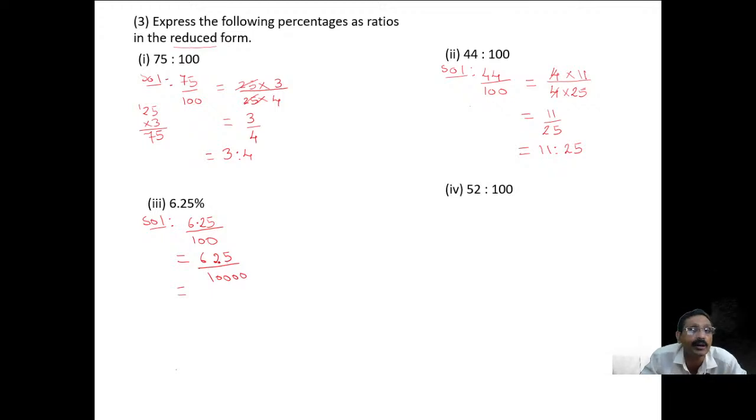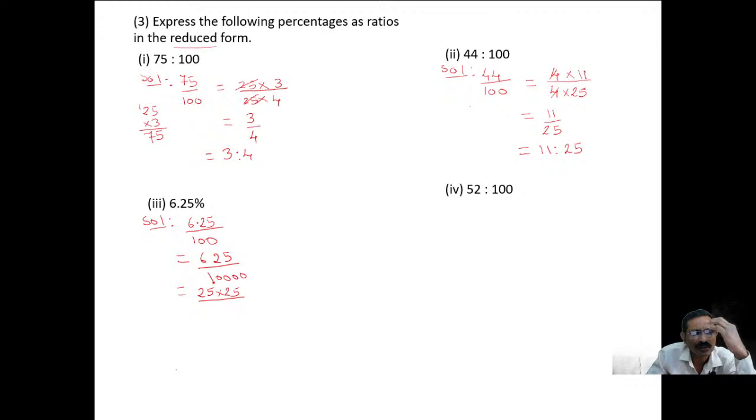Can I take a number with the units place as 5? Let's start with 25. 25 into 25 gives me 625.